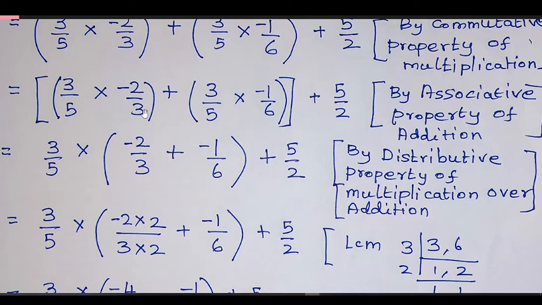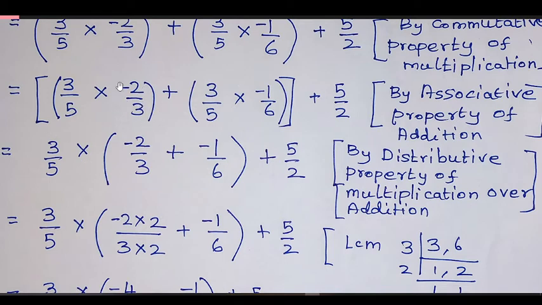That is what is happening here. So a into is here 3 by 5 into, 3 by 5 into, so you can take out this common with the operator multiplication. You cannot take out only 3 by 5. Since it is multiplication, you can take the common. So 3 by 5 into is taken out.